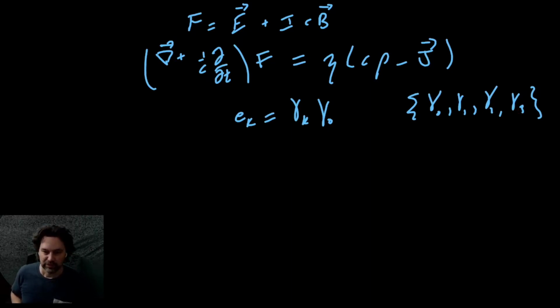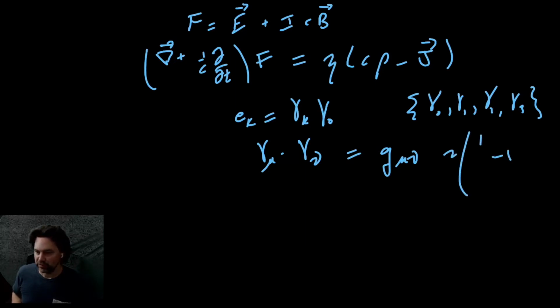In particular, we can summarize this as gamma mu dotted with gamma nu is g mu nu. And g mu nu has a matrix representation of 1, -1, -1, -1, with zeros everywhere else off diagonal.